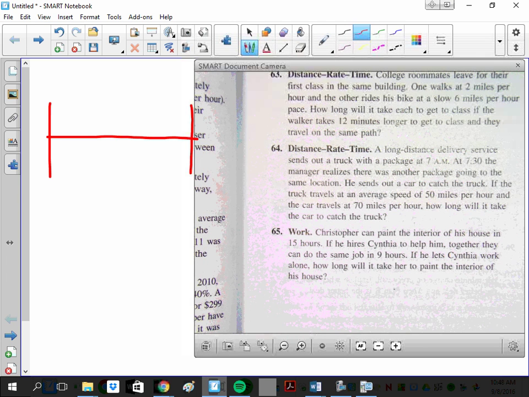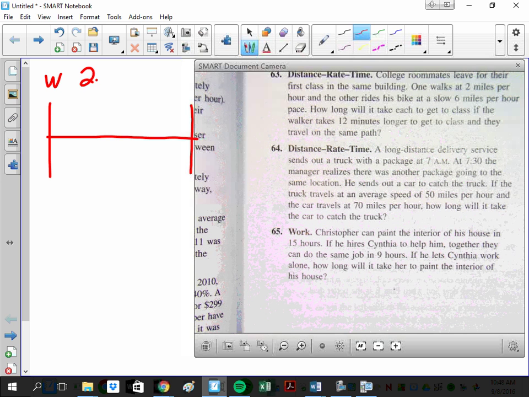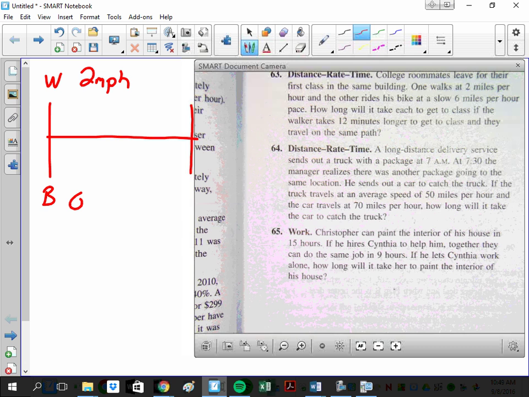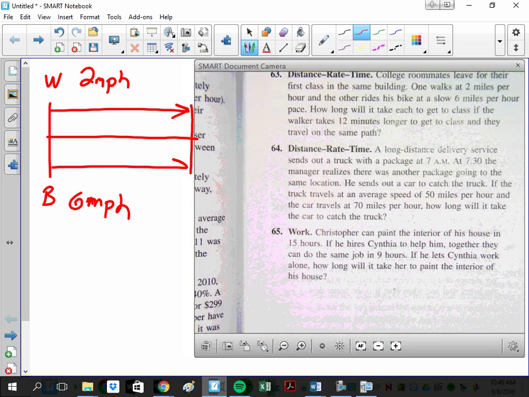The walker is going at 2 miles per hour and the biker is going at 6 miles per hour, and they travel the same path and get to the same place, but we know that the walker finishes 12 minutes after the biker to cover that same distance. How would you set that up?